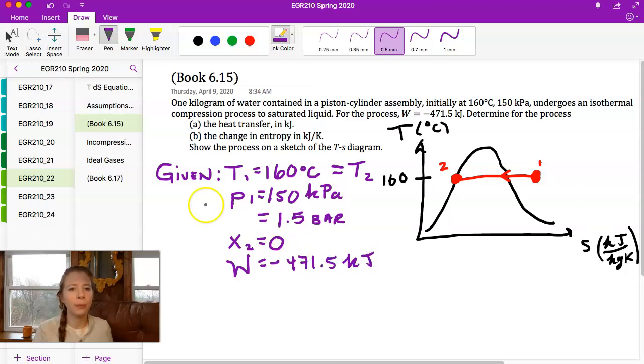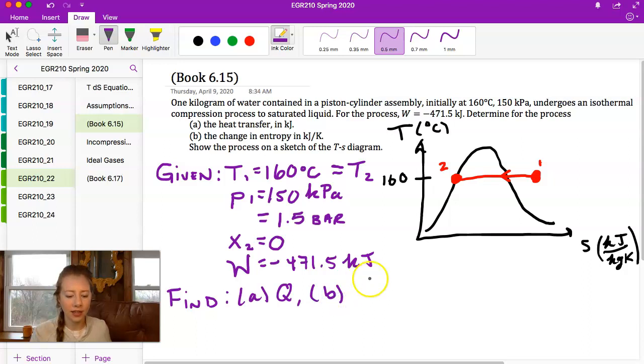So for A, we want to find the heat transfer. So we want to find Q. And B, we want to find delta S. So let us begin with Q.